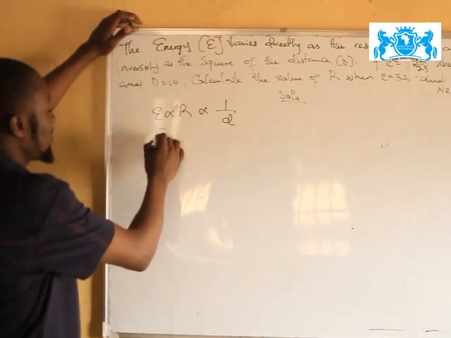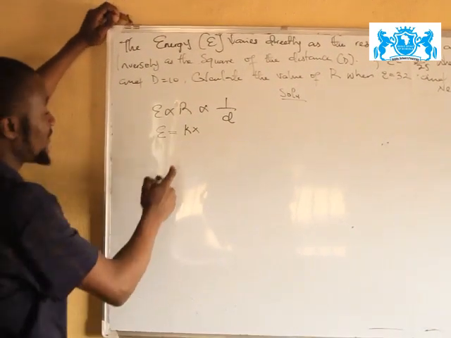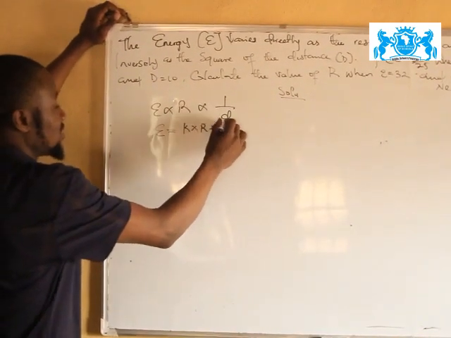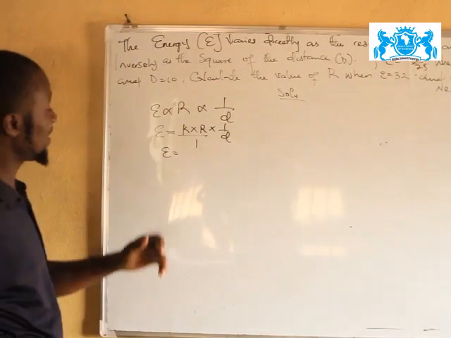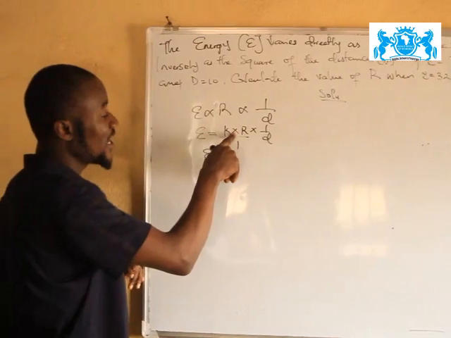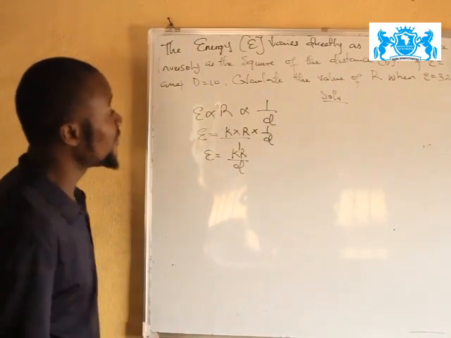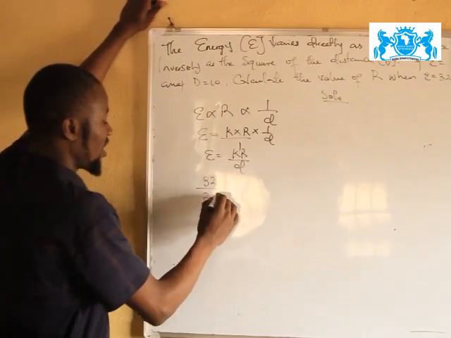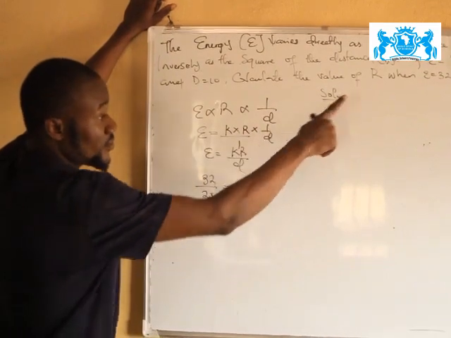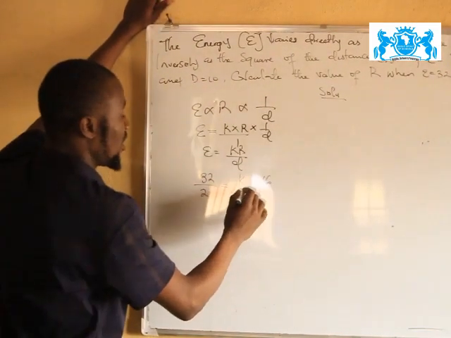So we'll be having that E is equals to, introducing a constant K, K times R times 1 over D. So you have that E is equals to K times R is KR, KR times 1 will now be KR all over D.